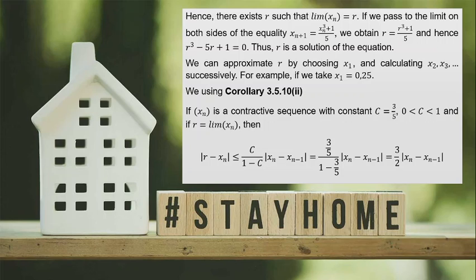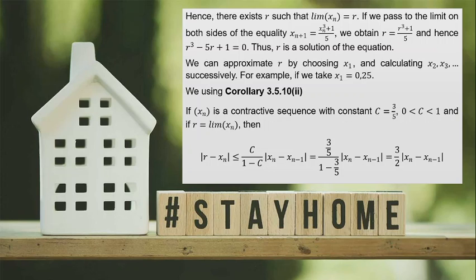We can approximate r by choosing x1 and calculating x2, x3, and so on successively. For example, we take x1 equals 0.25. We use Corollary 3.5.10 to second. If the sequence x_n is a contractive sequence with a constant c, we have c equals 3/5 and 0 is less than c, which is less than 1, it is true.